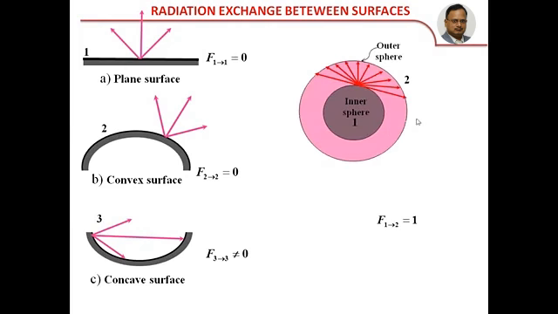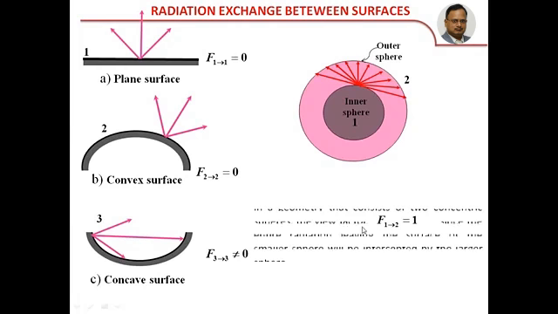Now imagine a sphere like this. One solid inner sphere is kept in a hollow outer sphere. So the energy emitted by this inner sphere ultimately has to come and fall on the outer sphere too. Therefore, the total energy emitted by the inner sphere has to be received by the outer sphere, hence F12 is equal to 1.